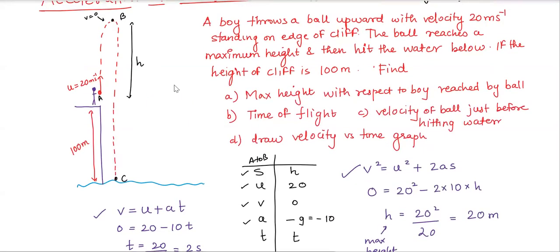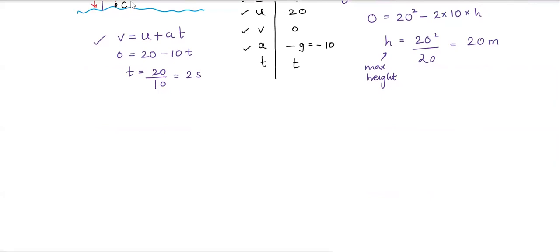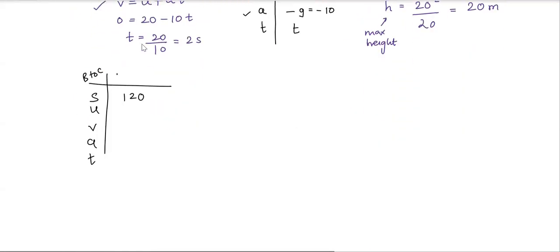Now, to find the total time, we can take the time from B to C. So I can again make a table from B to C, SUVAT. The displacement here in this case from B to C would be not just 20 but 120, because it will include the height of the cliff as well.